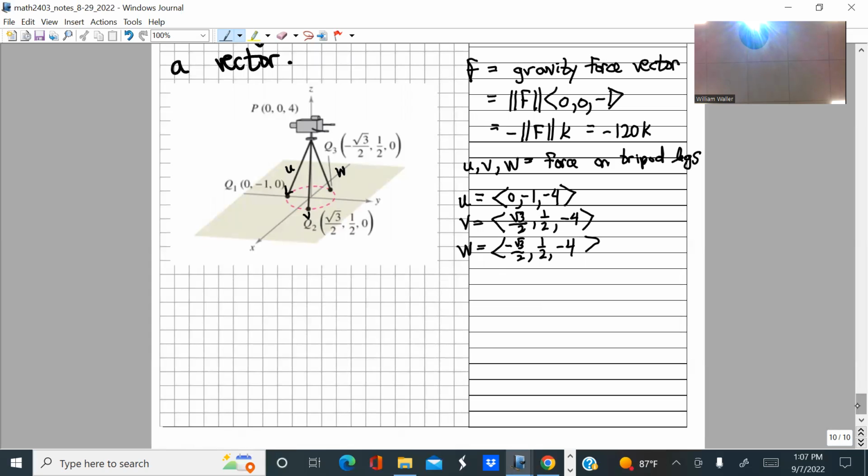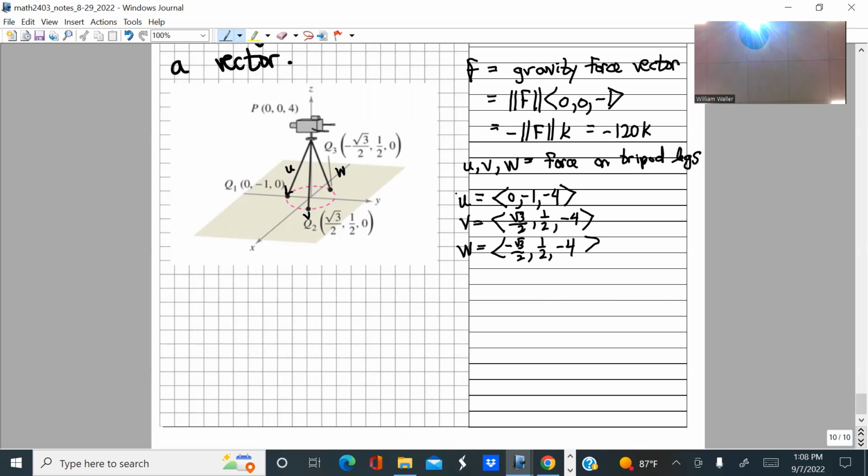Now, here's the key point. These vectors are supporting the weight of the camera. This tripod is supporting the weight of the camera. So that means this vector F has to be the sum of these three vectors.